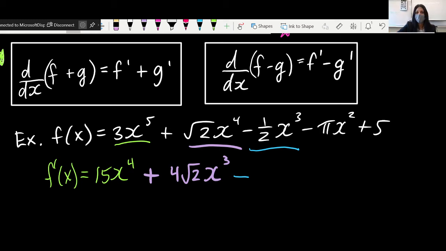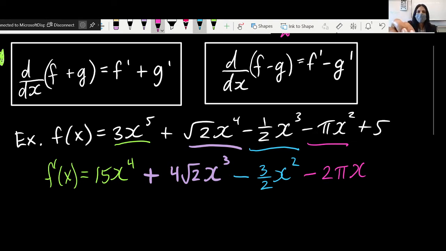That's the only difference, I guess. Here, what would we end up getting? We would multiply 3 times 1 over 2, so we're going to get 3 over 2 x squared. And here, we would get minus, again, it's pi times 2, so I can say 2 pi x. We usually write the coefficient before pi and leave it in that form.